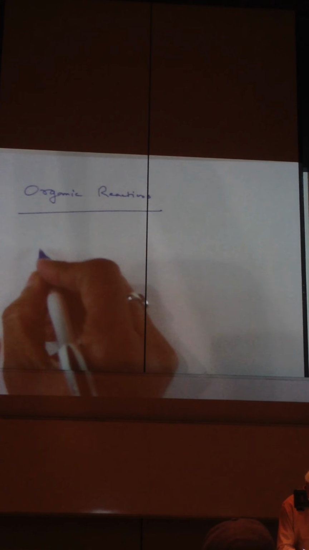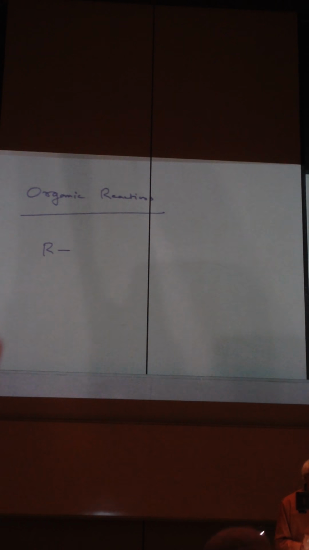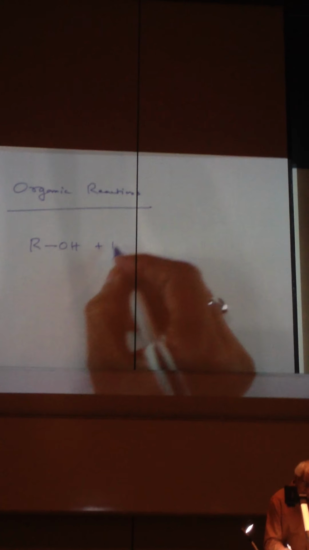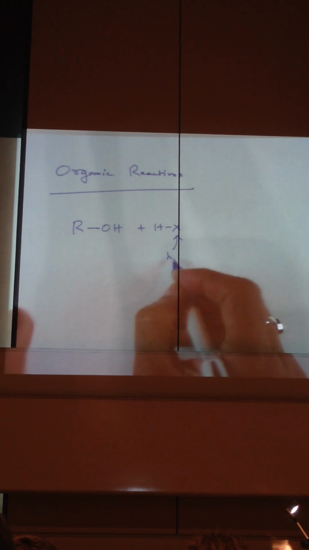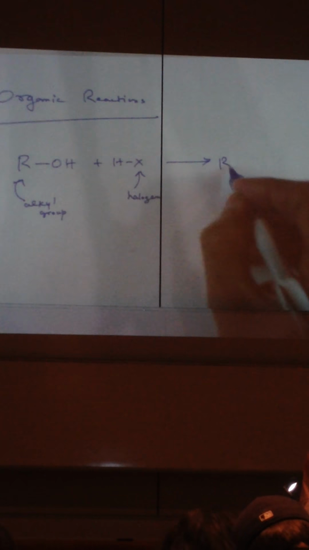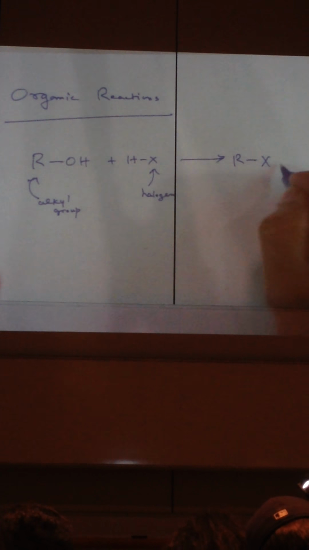So the basic reaction, where R is the alkyl group, is the ROH, and then you treat it with the hydrogen halide, HX, where X is the halogen. And what we get out of that is a molecule of water and RX, the alkyl halide.